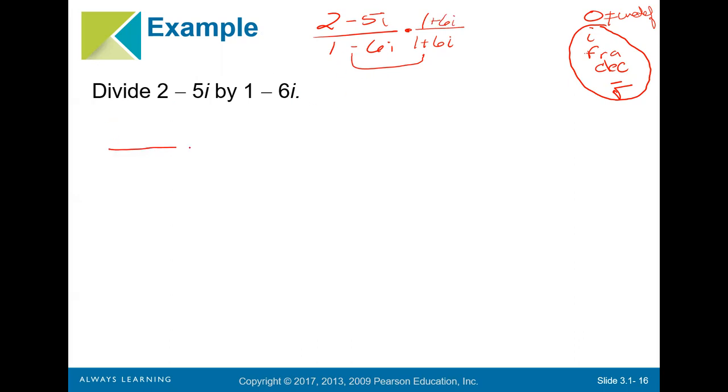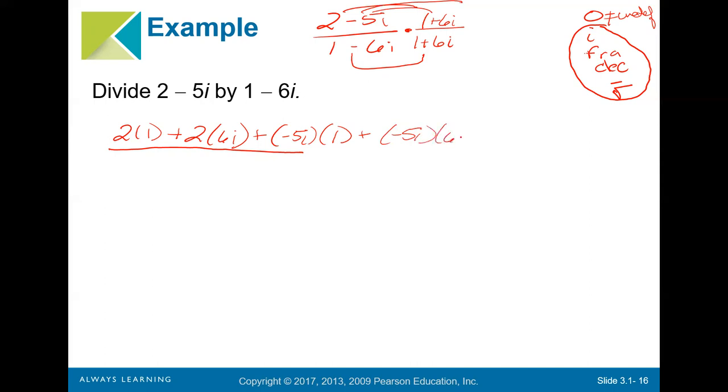So on top, I'm going to have 2 times 1, 2 times 6i, plus a negative 5i times 1, plus negative 5i times positive 6i. All over.